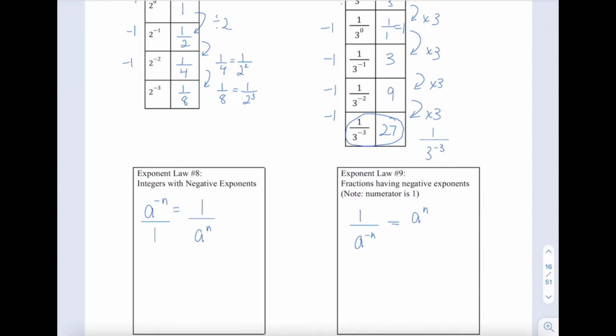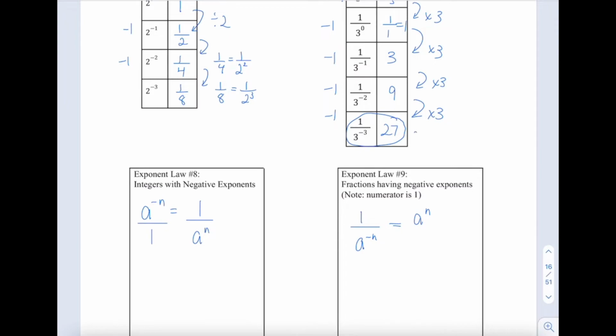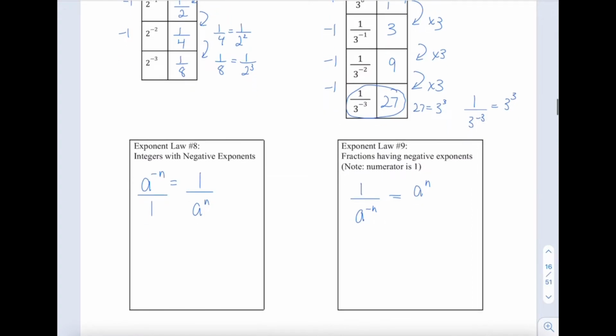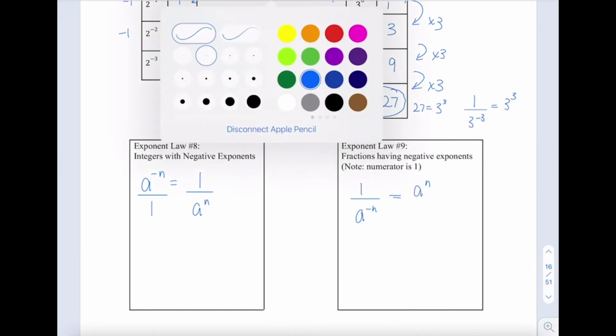What we didn't do here, which I meant to do, sorry, is write this using a base of 3. So I know that 27 can be written as 3 to the power of 3. So I know that 1 over 3 to the exponent negative 3 is 3 to the 3. So basically, you have to move the quantity from the numerator to the denominator or from the denominator to the numerator to simplify a negative exponent.